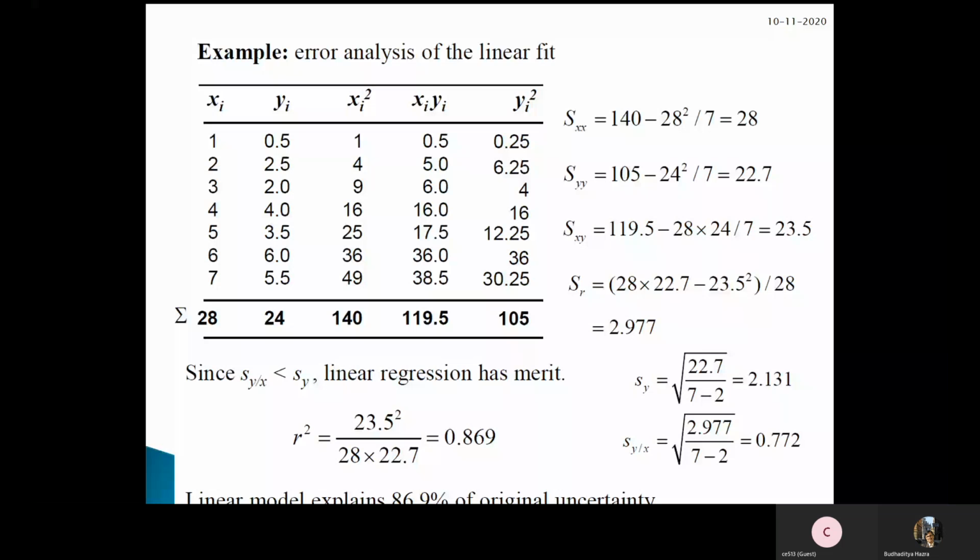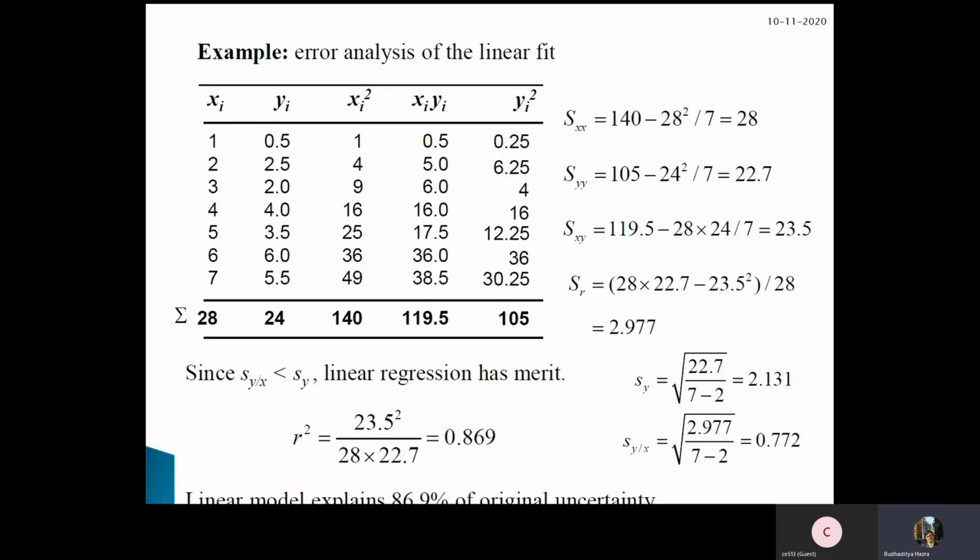You can calculate all the errors, but the most important takeaway here is that the R-square is 0.869, which says that linear regression is a good practical approximation for this data.